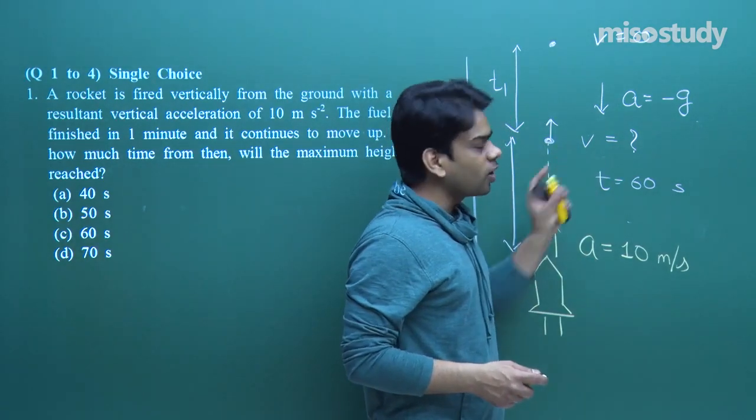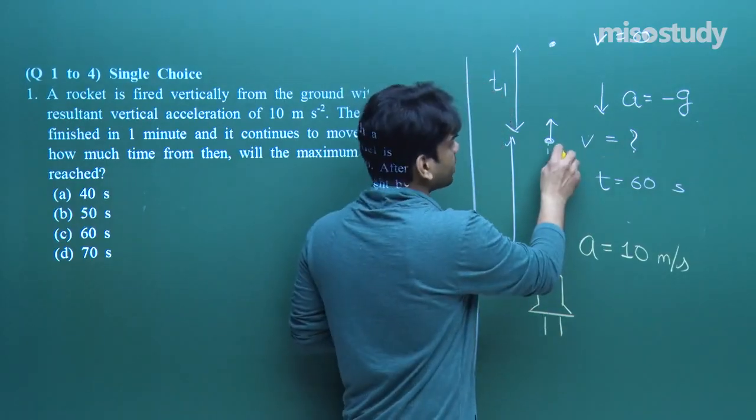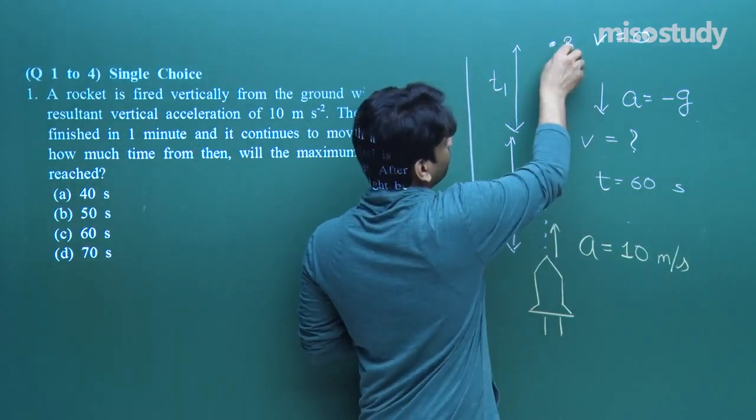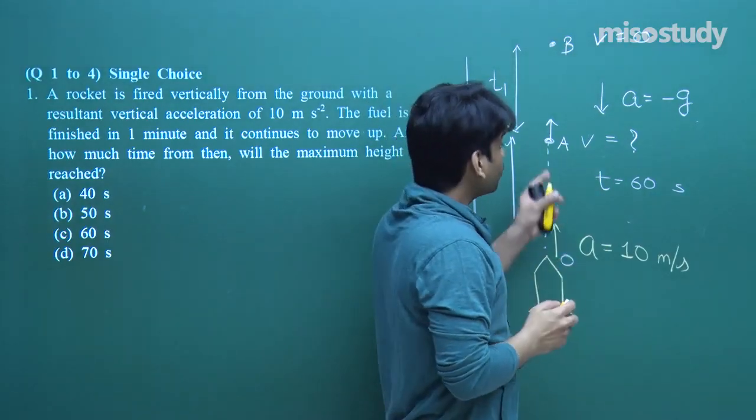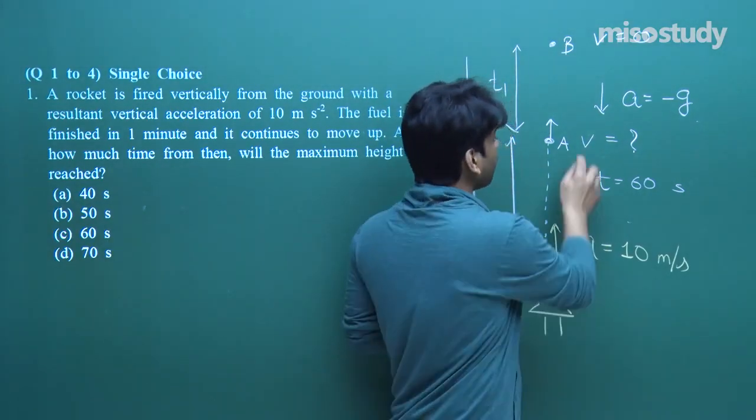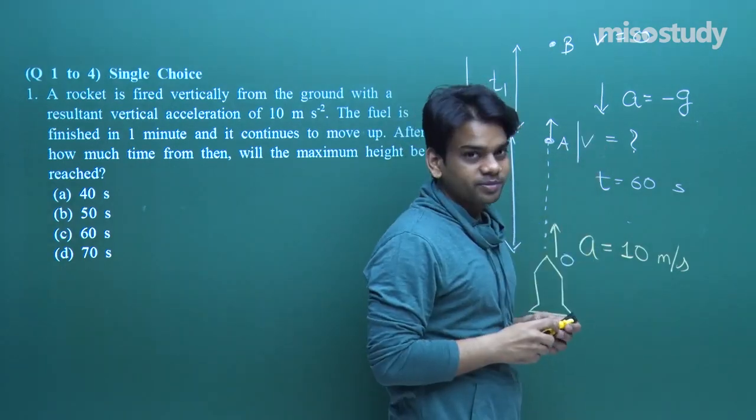First of all, let's find the velocity here. Let me call this point A. This point is point B, and let's say this is the origin, point O. To reach point A, we have to find the velocity attained at point A, that is v.